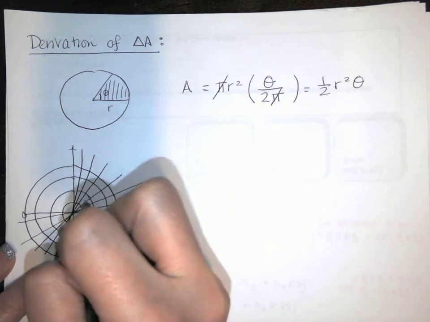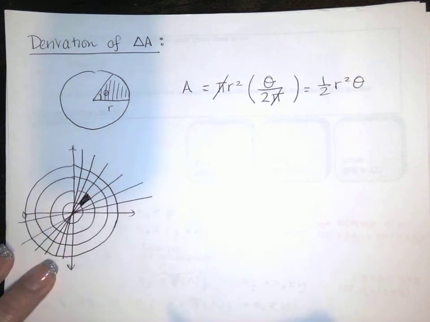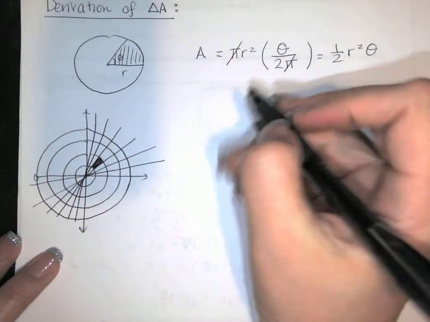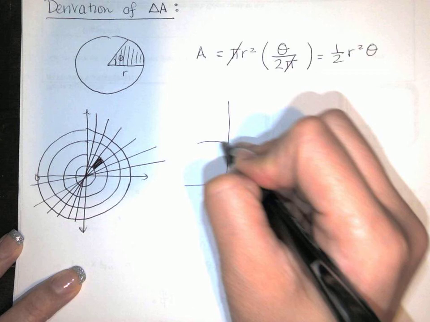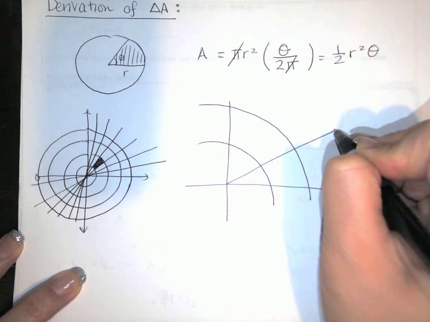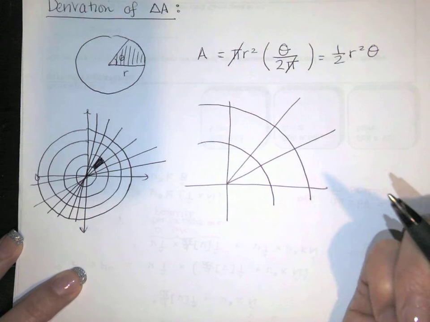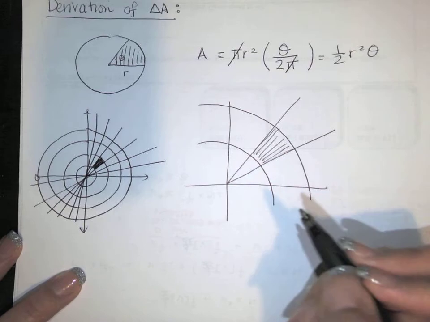And we're trying to find, let's just say, the area of that piece right there. Well, in order to find the area of that piece, let's zoom in. Let's say it looks like this. I'm trying to find the area of this piece.